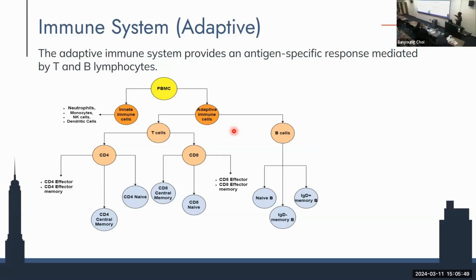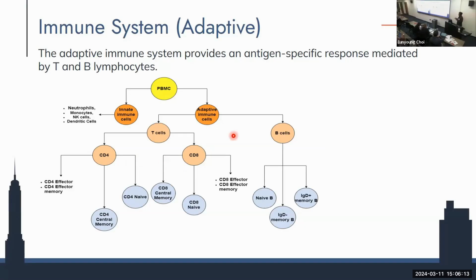In that case, T cells come into action. Again, T cells are classified into two types. CD4 T cells give signals, play some music, indicating that antigen is in the specific cell. On listening to this, CD8 T cells enter into the cell and destroy the antigen.